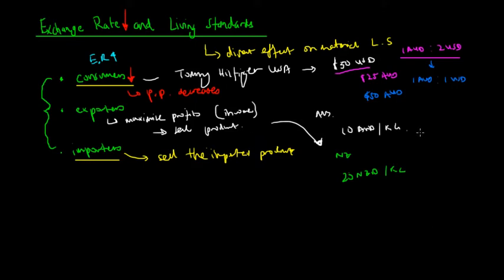But let's assume for simplicity that the exchange rate is 1 AUD to 1.5 New Zealand dollars. So if we convert this Australia dollars in kilos to New Zealand, it'd actually be around 15 New Zealand dollars a kilo.